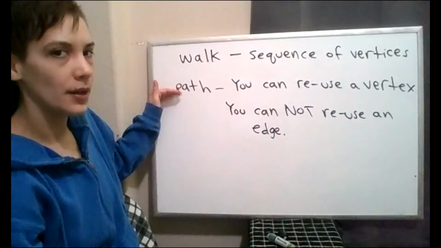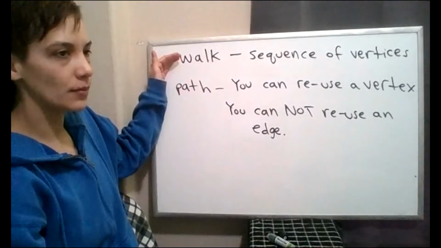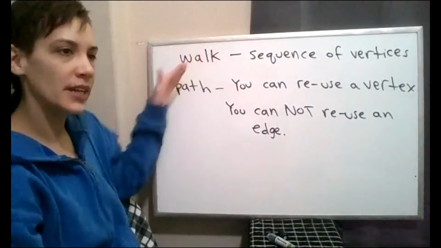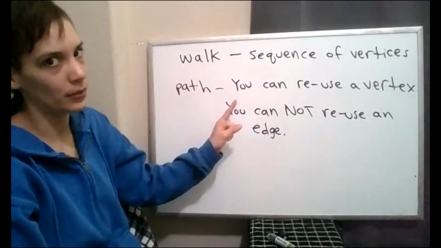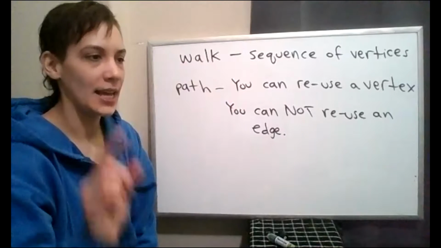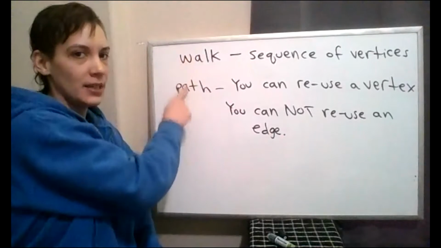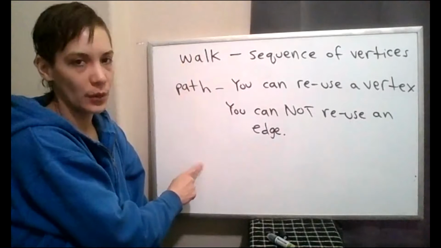So again, walk is kind of loose. You can go back and forth over an edge if you want to. A path is more restricted. You can go over an edge only one time. And a circuit is a walk and a path, and you start where you end.